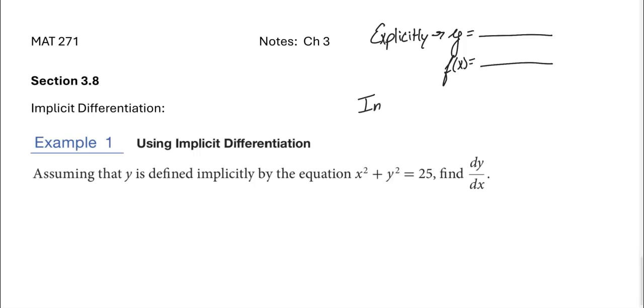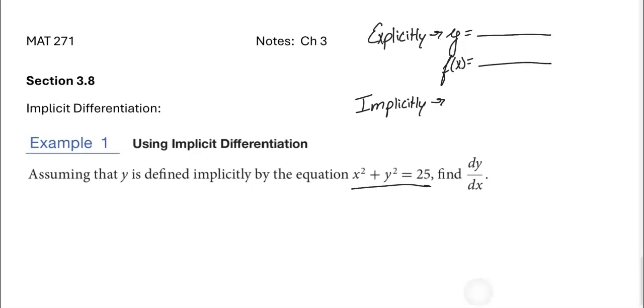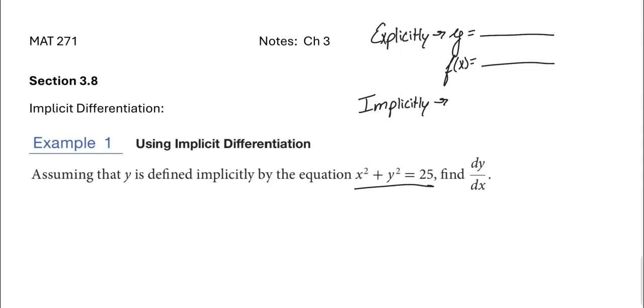When something is written implicitly, that means it's not solved for y. So this equation of a circle centered at 0, 0 with radius 5 would be a good example of something that's written implicitly. It's not solved for y.